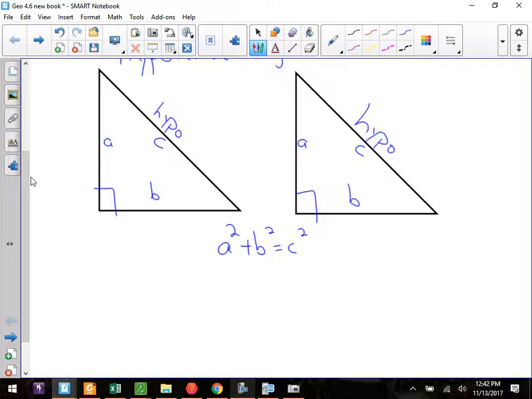So if I say I have a hypotenuse that is 10, and then a leg that's 8, that means that these two guys are the same, and these are the same. Are we okay with that?